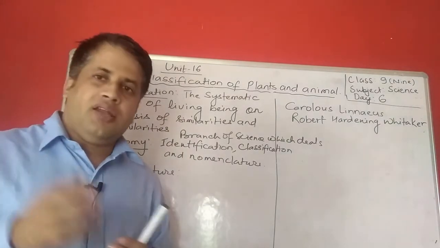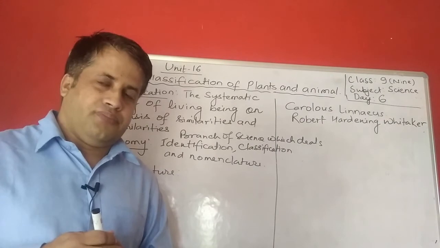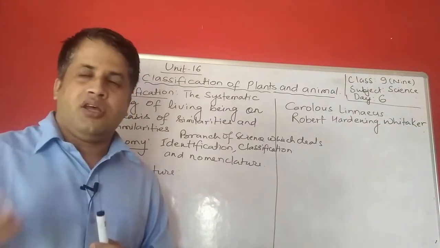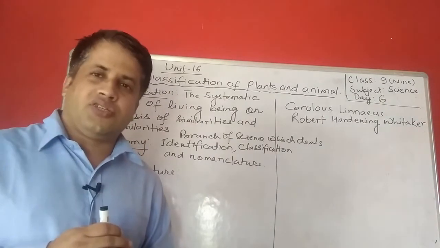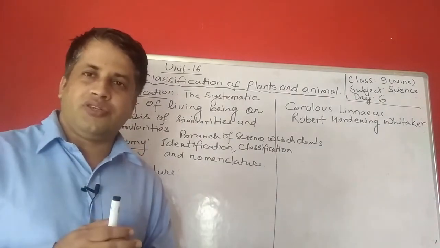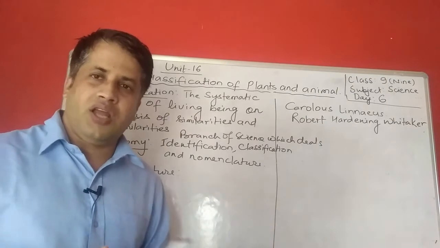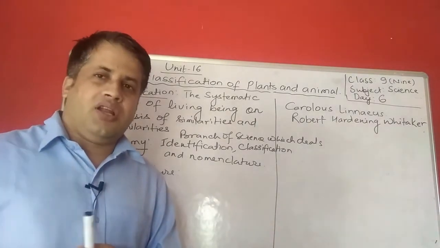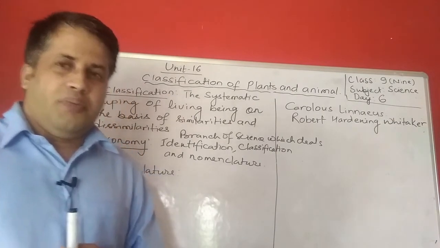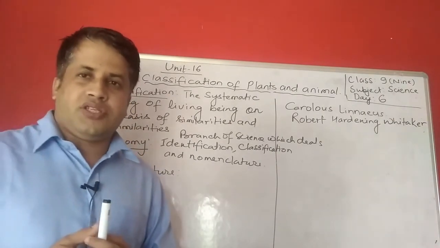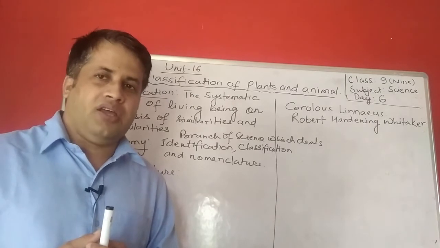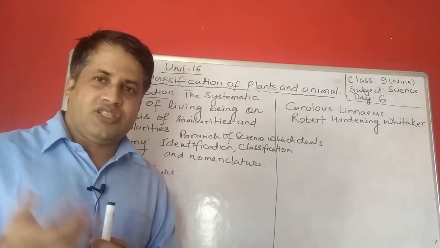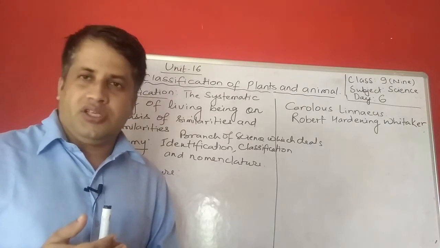This system of classification started a long time back. There is a history from Aristotle, who classified living organisms into two types on the basis of whether they live on land or in water. Later on, many biologists came to improve the classification so as to make the study easier.